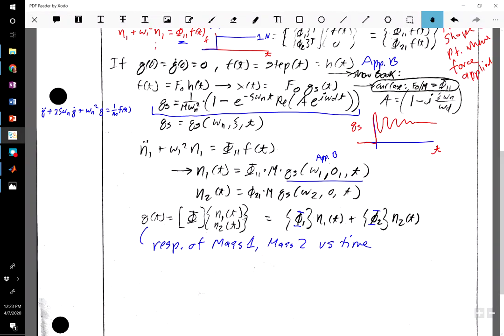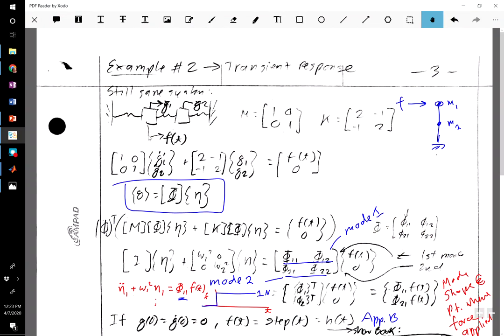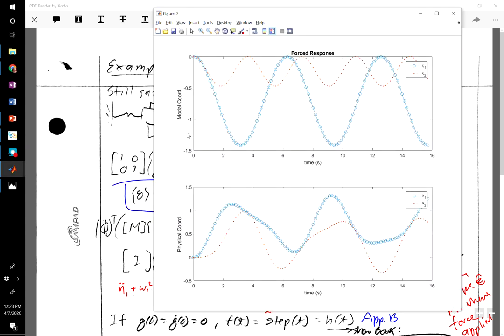If we go back to our picture here, we apply a force to mass 1, it starts to move. Mass 2 doesn't start to feel anything until this spring compresses and pushes on it. So it's delayed, and then finally we get so much deflection in the springs that mass 1 wants to turn around and stop moving in that direction and start coming back.